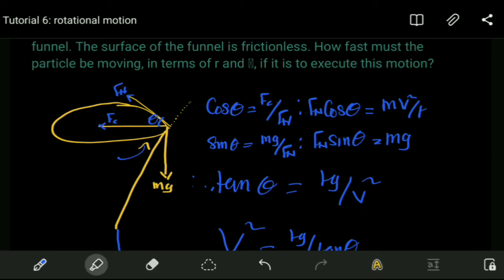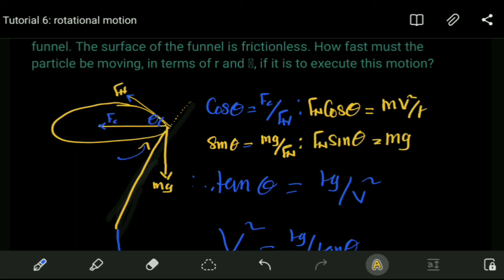If this is the case, then cos theta gives us centripetal force over the normal force, or the normal force cos theta equals centripetal force, and sin theta gives us mg over normal force, or normal force sin theta equals mg.